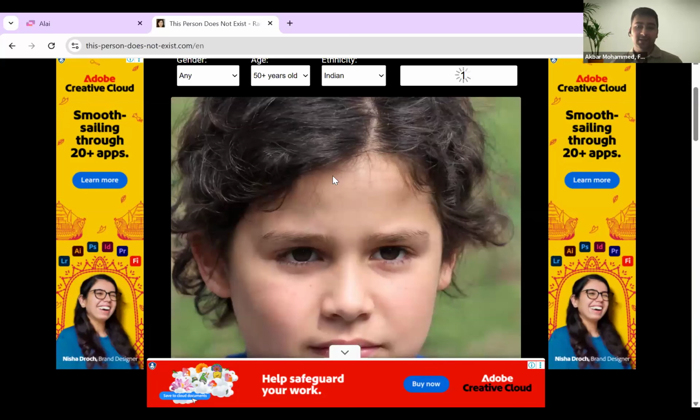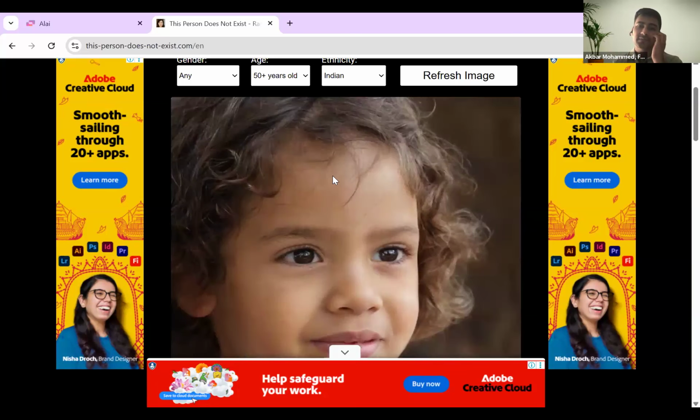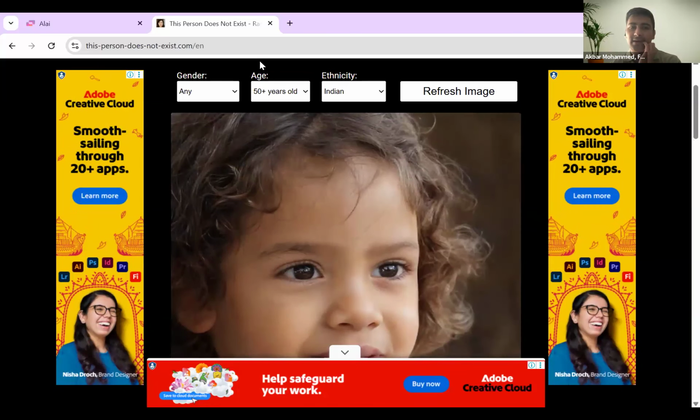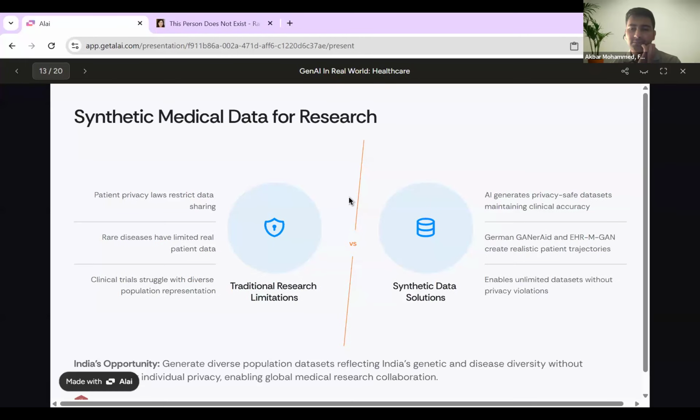Instead of sharing actual medical records of a real person, you can create images of the anatomy or simulate what could potentially happen at the population level by using this synthetic sample.